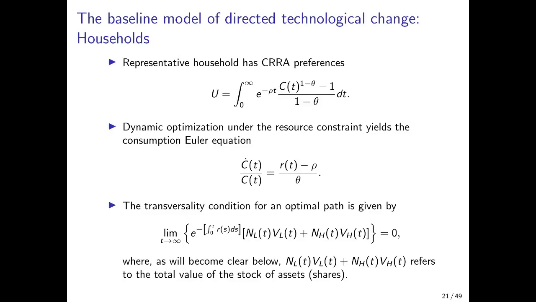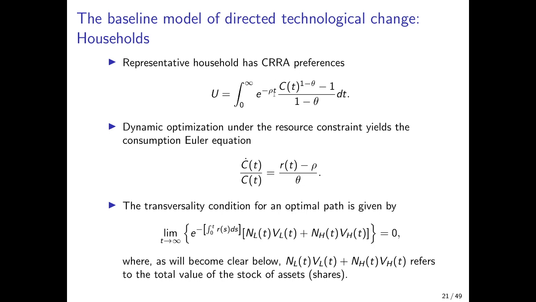Next, we have the households. The households have a standard isoelastic utility function, constant relative risk aversion, where the risk aversion is again determined by theta, and 1 over theta is the elasticity of intertemporal substitution, as we've already seen in many of the lectures here.